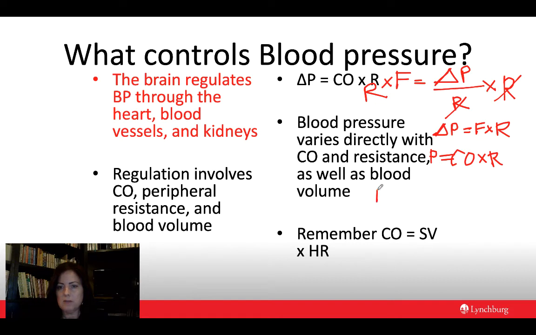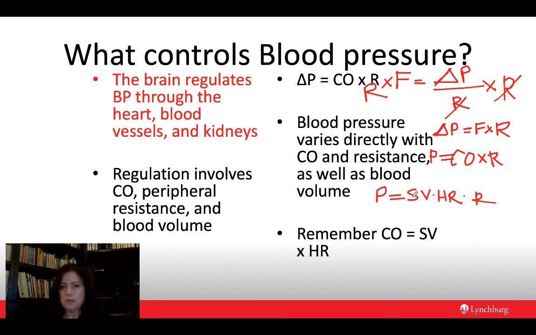So we can make this a little bit more specific and say stroke volume times heart rate times resistance. Okay, so we've just replaced our cardiac output with the two factors that contribute to cardiac output.